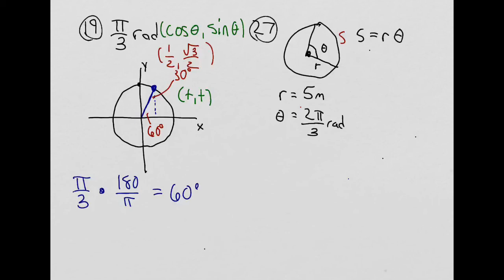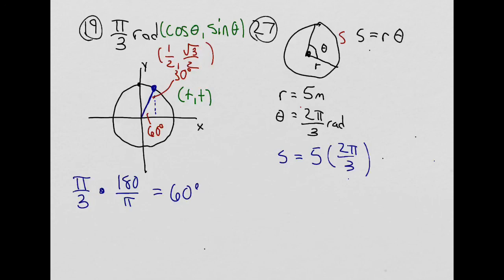So let's look at 27. They give you a radius of 5 meters and an angle of 2 pi over 3. So literally all you have to do is plug it in and work it out. S is going to be equal to, R is 5, theta is 2 pi over 3. You can just plug that into your calculator.